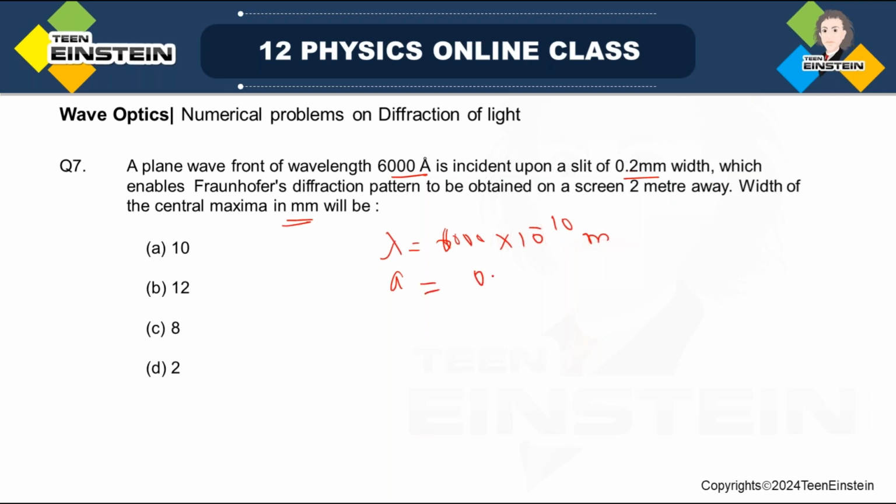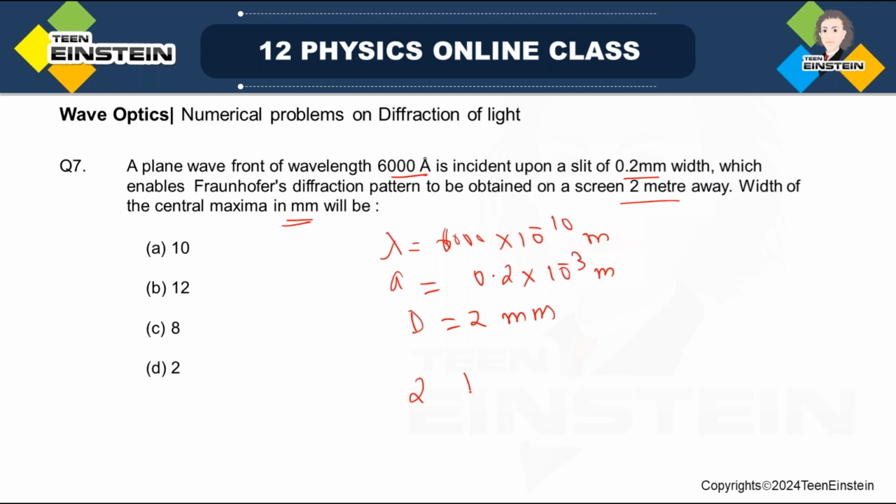Slit width is given in millimeter, so 10 to the power minus 3 meter. Screen is at 2 meter away. We have to find out the width of the central maxima.